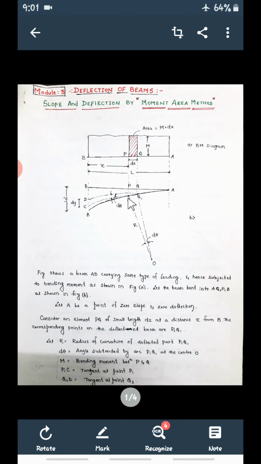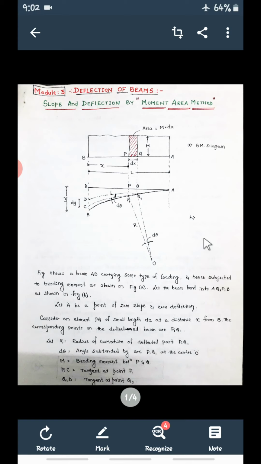P will come to this point and Q will be this. So A, Q1, P1, B is the deflected shape of this beam. Here the deflection will be 0 and the slope will be 0 because this is a fixed end. At the fixed end the deflection will be 0, and at the free end the deflection will be maximum.